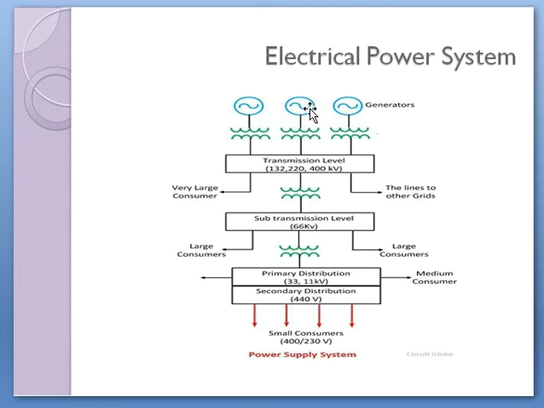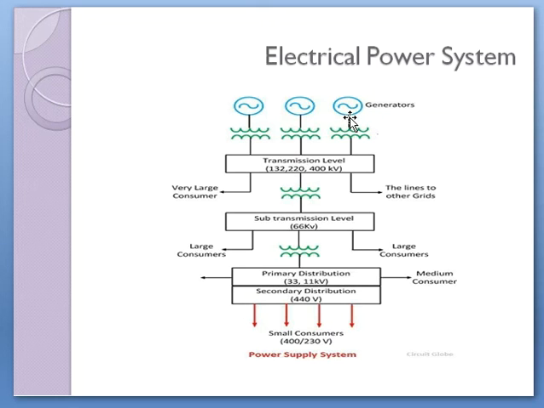For the 3 phases, these are the 3 terminals which are connected to 3 generator transformers, phase RYB or ABC, whatever is the nomenclature. These are the 3 phases.